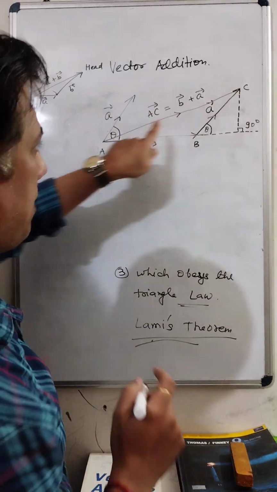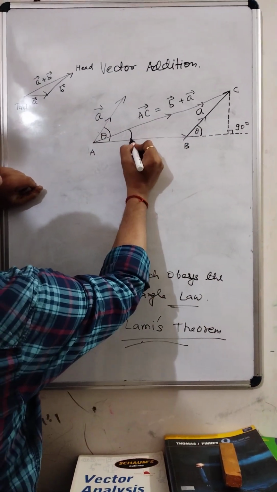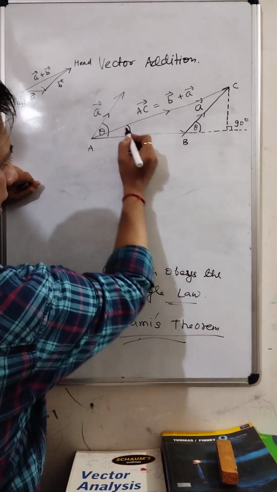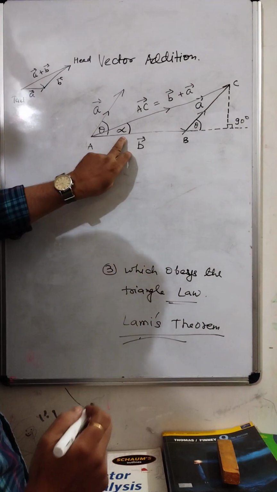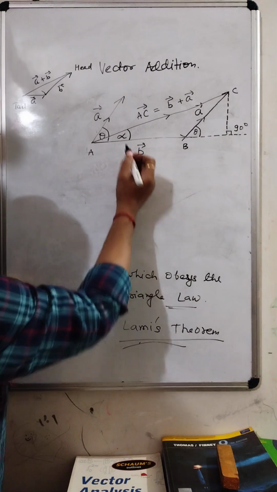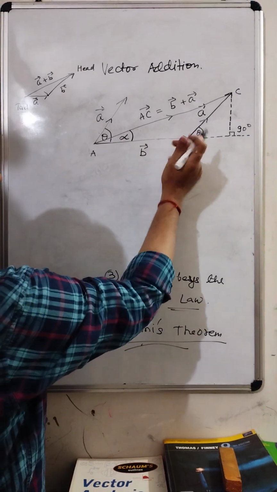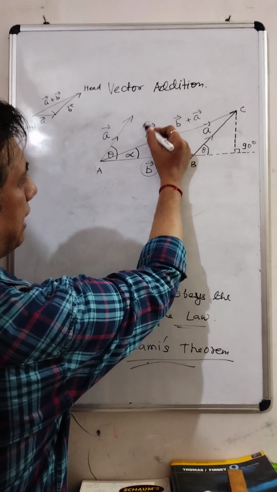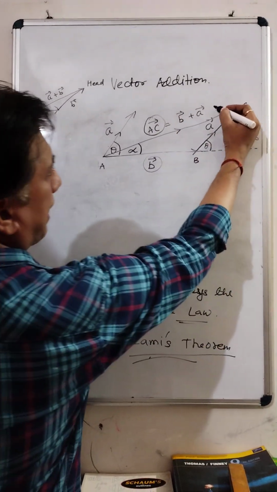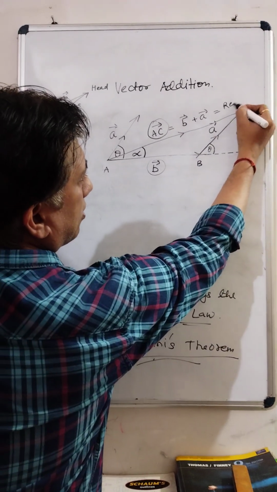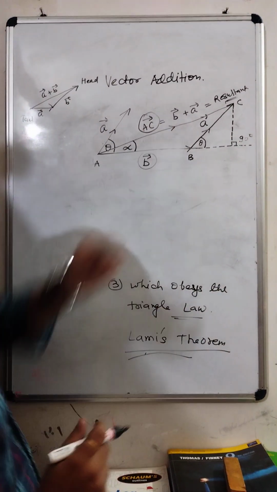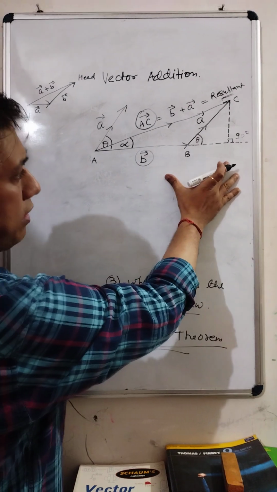Now this A vector plus B vector has an angle in this direction. Suppose this angle is alpha. We don't know alpha. We have to calculate this angle alpha between the B vector and the AC vector, meaning the resultant vector. This vector is called the resultant vector.